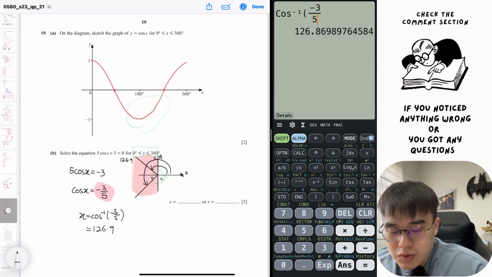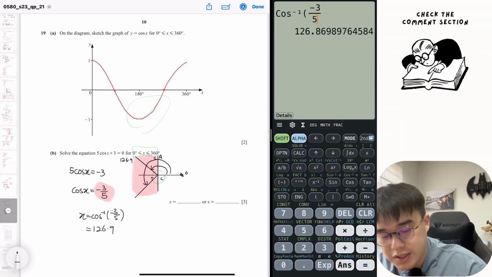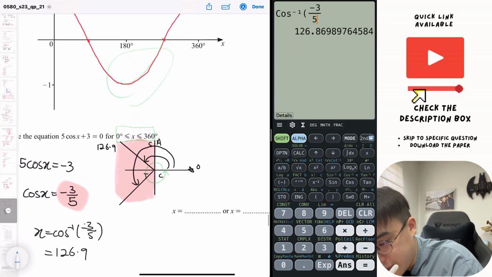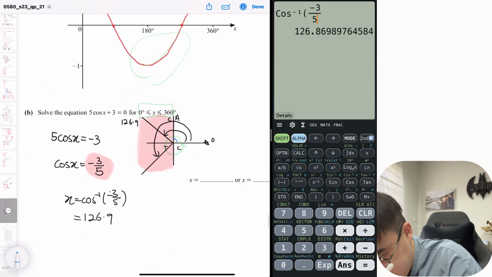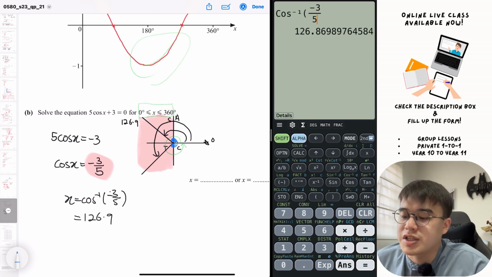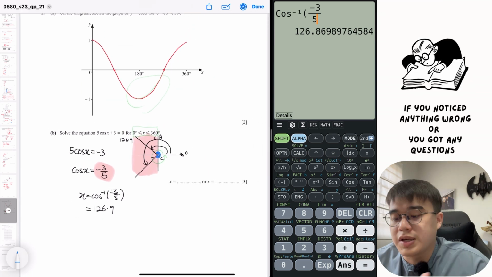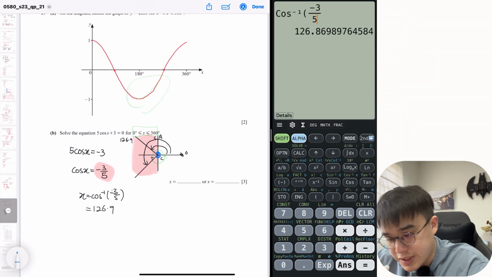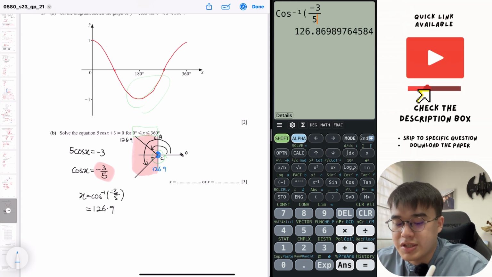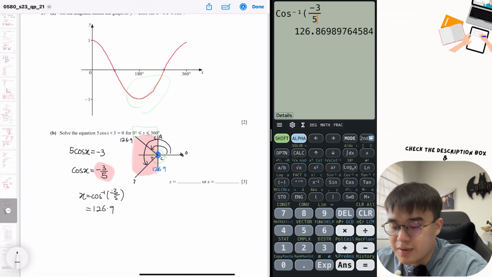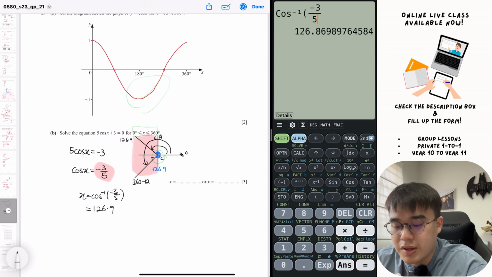So to get to the answer, or the next answer here, you can actually use the concept of this. Okay. When the part that you have are shaded next to each other, it's actually a reflection. So this one in blue is actually 126.9. To trace this black line here, all you need to do is to take 360 minus 126.9.